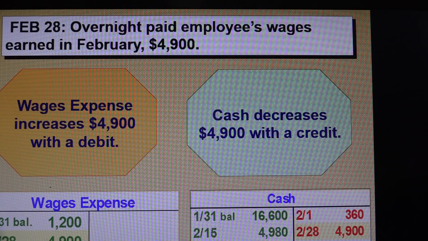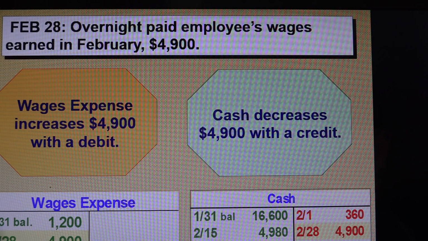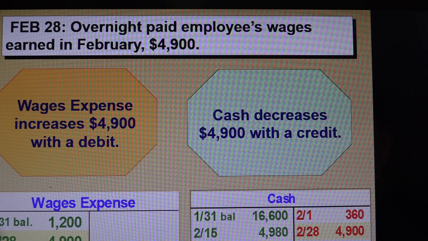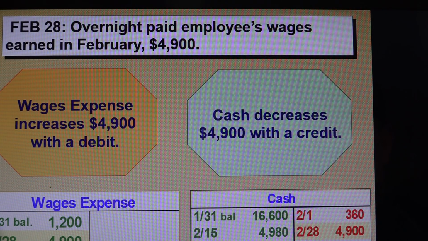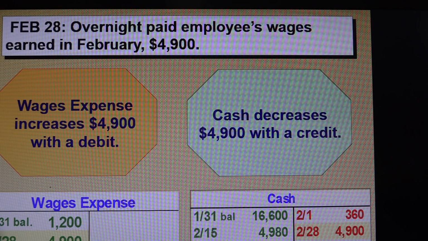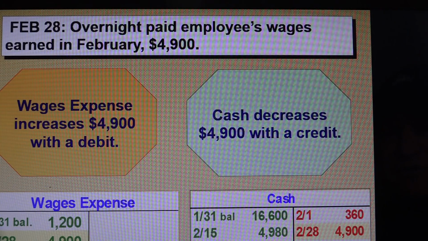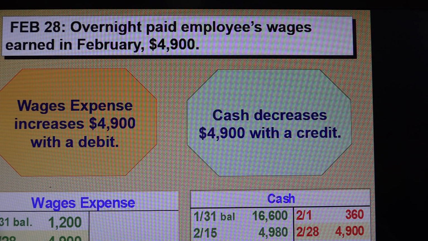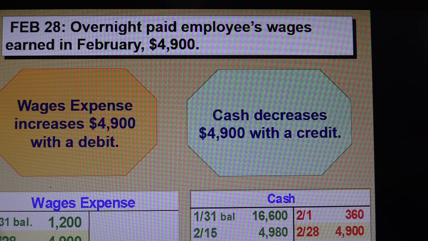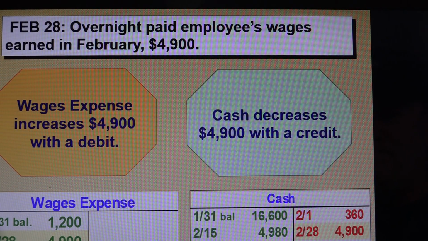And then Overnight pays on February 28th employees' wages earned in February, $4,900. So we have a wage expense on 2/28 of $4,900. That increases that expense account. And of course, our credit reduces our cash asset account by $4,900.